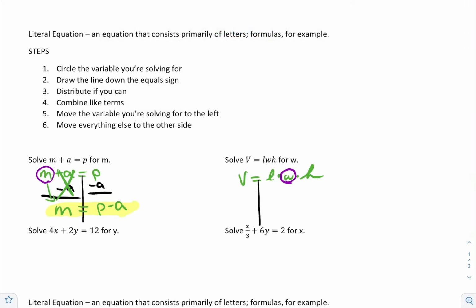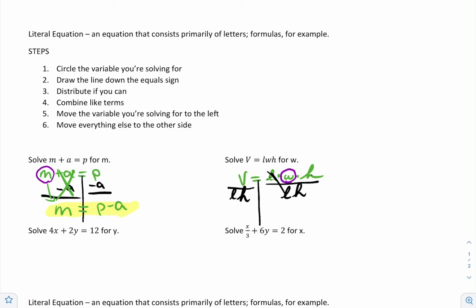Let's draw our line here. And we're going to divide each side by what's attached to our W. Since both of these are multiplication, we can only do this because both of them are multiplication. We can go ahead and divide by both L and H on each side.